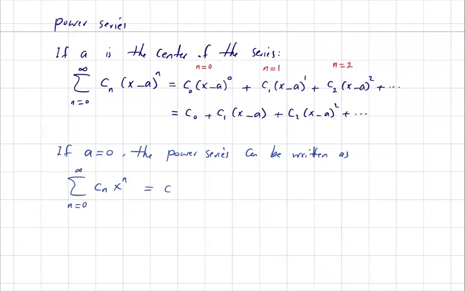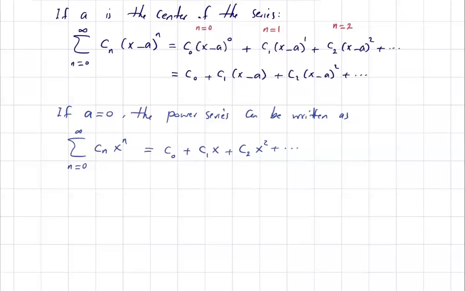With the same process, you see you have c sub 0 plus c sub 1 x plus c sub 2 x squared plus the rest of the terms. This series behaves the same as the series that you saw before. To check the convergence and divergence of the series, we're going to use the ratio test.